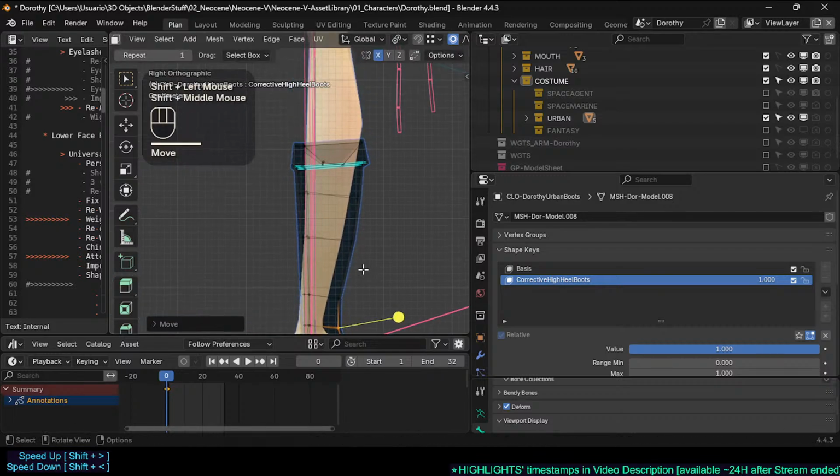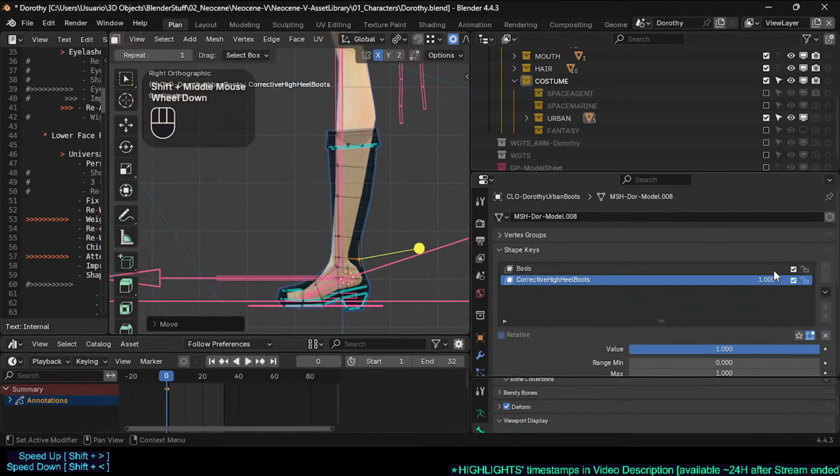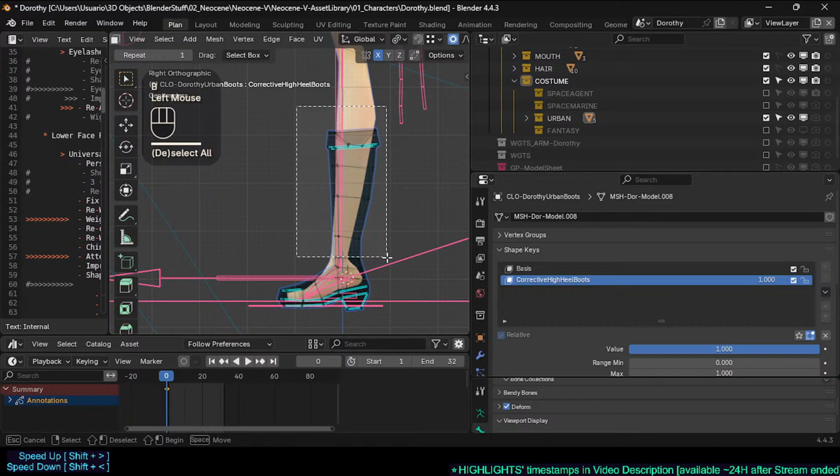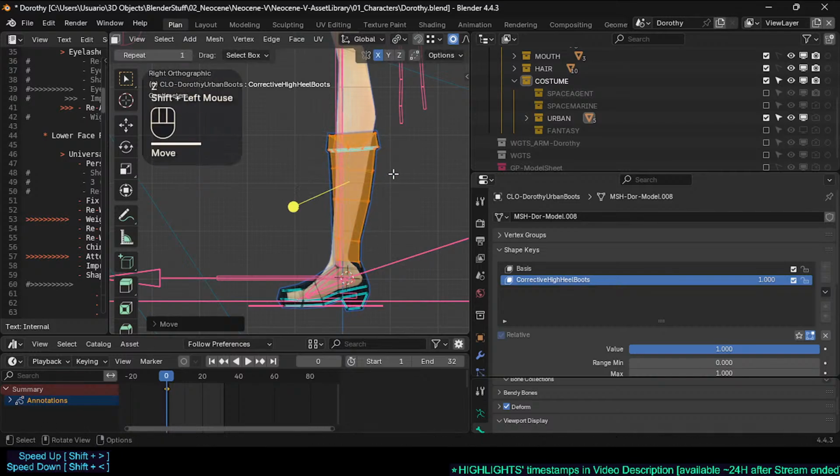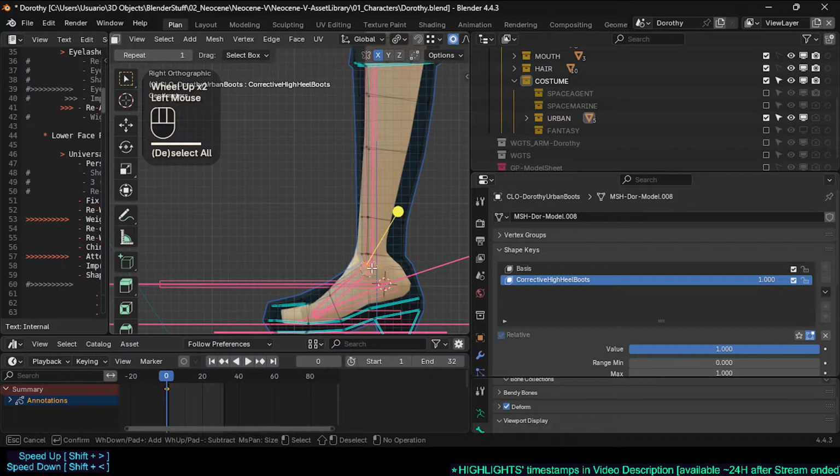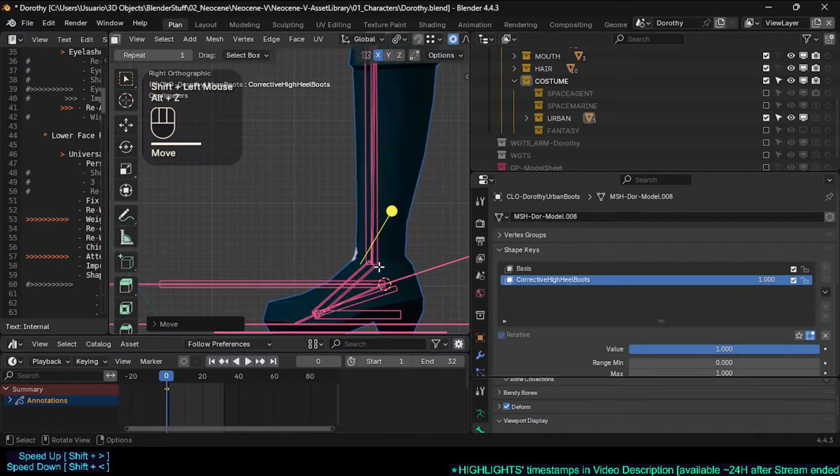So maybe I shouldn't be doing anything here, just pushing down all this mesh maybe, yeah, like so. Let's just do something like this, maybe rotate a little. Yeah, it's confusing here. I am not totally sure what should be done, but we'll see.